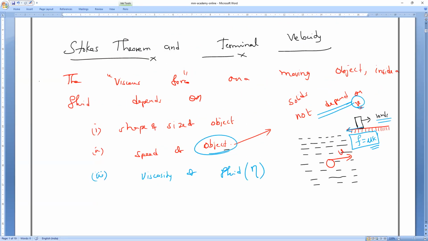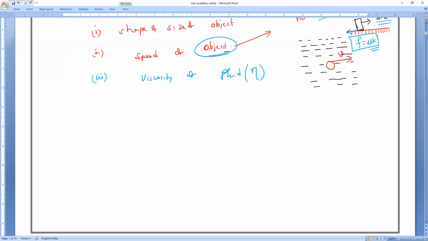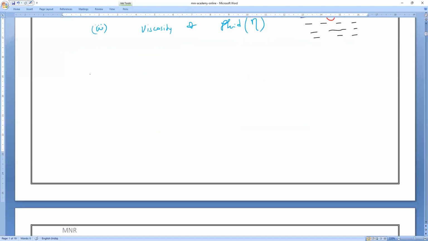So these are the three factors on which the viscous force depends, where the object is moving inside the fluid. That is, passing through the fluid depends on this. Whenever you are talking about Stokes' law, please remember we will consider the best object. Why? We will study in the NEET class.